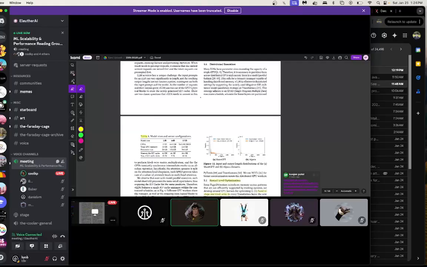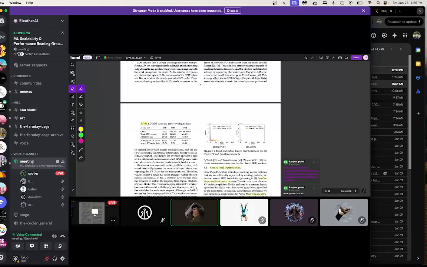Specifically, the attention operator is split on the attention head dimension, so the parallelism is done across heads. Each SPMD process takes care of a subset of attention heads in multi-head attention. We observe that even with model parallel execution, each model shard still processes the same set of input tokens.